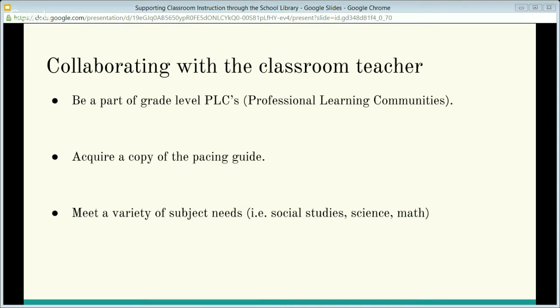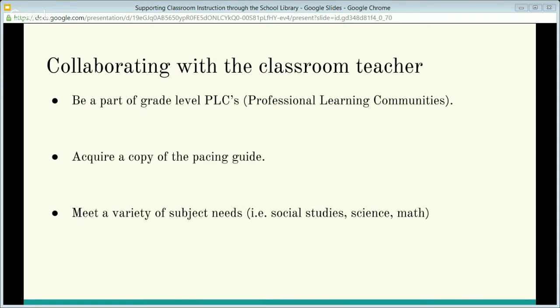So maybe you're not a part of the grade level PLCs. I think it's very important if you at least connect with a teacher in each grade level, because I have found over my years that maybe, at the beginning, or I'm new to a school site, so everybody is kind of just standoffish. They're not sure about what the library program has to offer, what's the purpose of it.